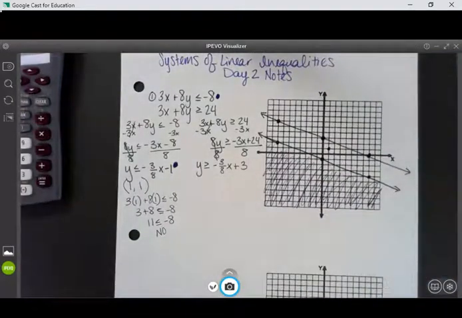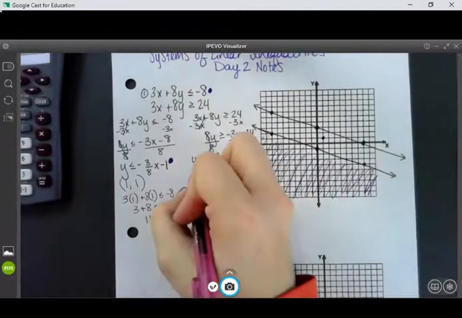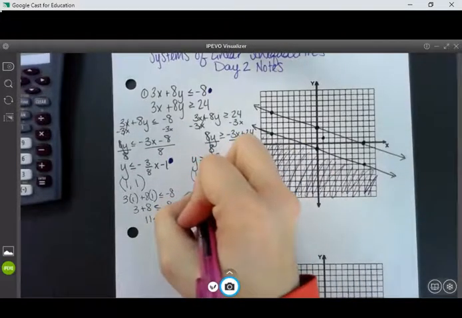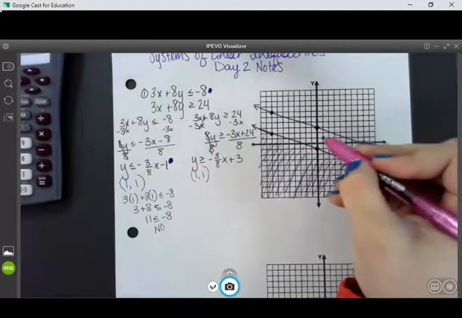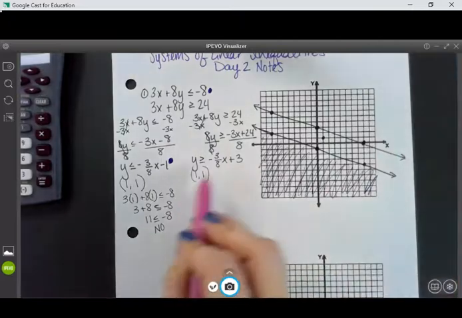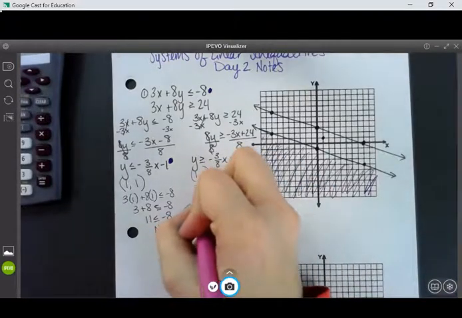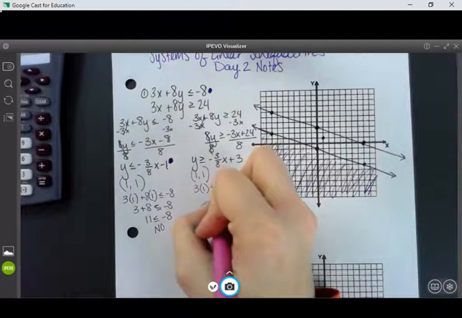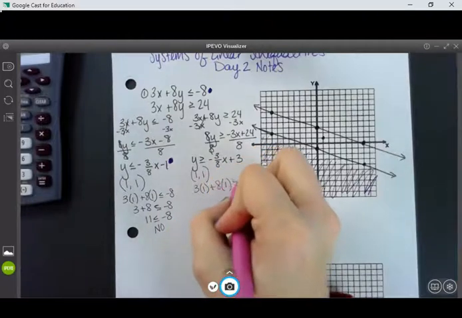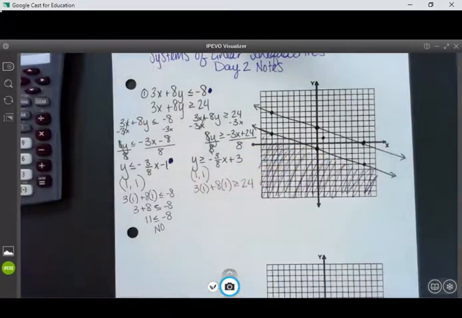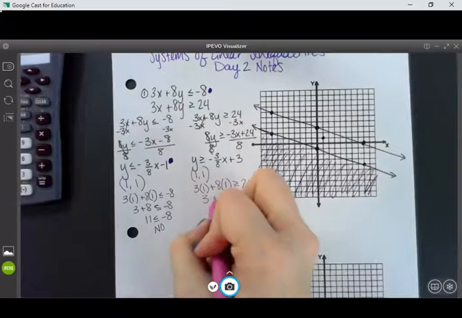Have another color. Again, I'm not sure if you can see the color, but I'm writing with pink this time. It's okay to use the same point. I'm going to use the same point, but I still have to rewrite that I'm using that point so that I know that that is the same point that you have chosen for that problem. Again, showing all your work plugging in.